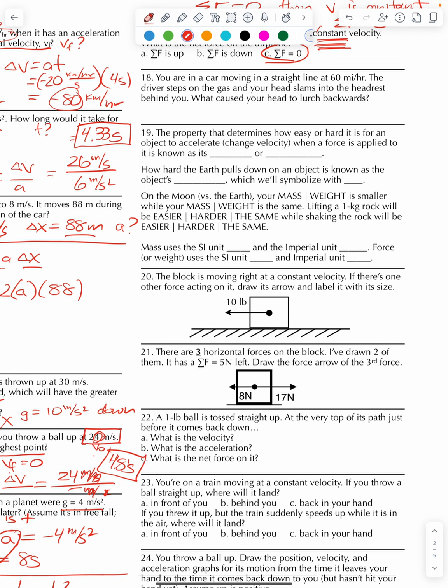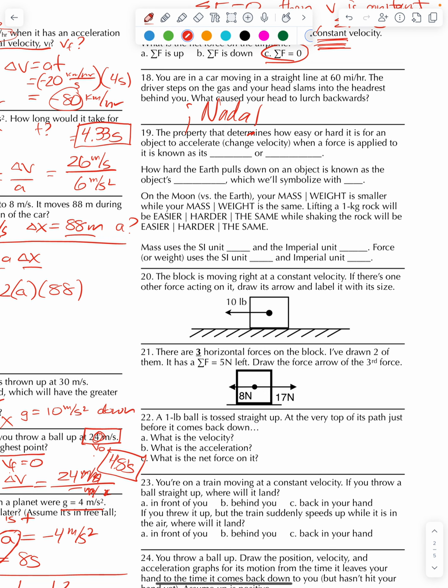18. You are in a car moving in a straight line at 60 miles per hour. The driver steps on the gas and your head slams into the headrest behind you. What caused your head to lurch backwards and hit the headrest? Nothing. What was happening was the car suddenly went forward.